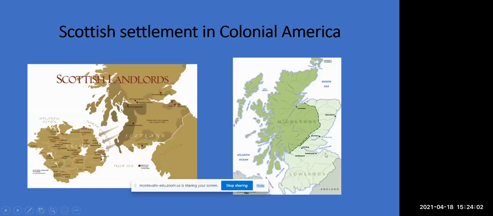And here are two different maps. The map on the right, you get an idea of what's considered the Highlands and the Lowlands of Scotland with this break here. And then the map on the left gives you an idea of the area of the Lowland Scots who migrated and settled in Northern Ireland in the Ulster province.